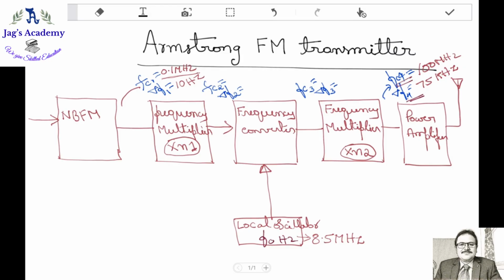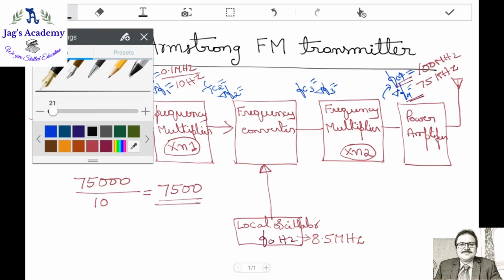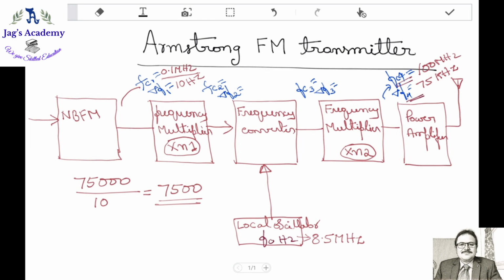That is 75,000 divided by 10 hertz. So the total multiplication factor required is 7,500.